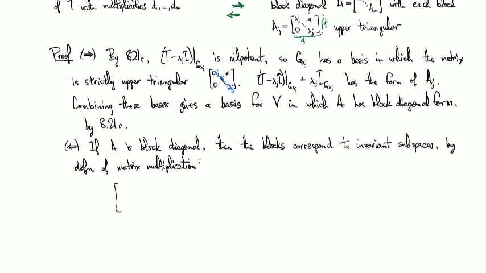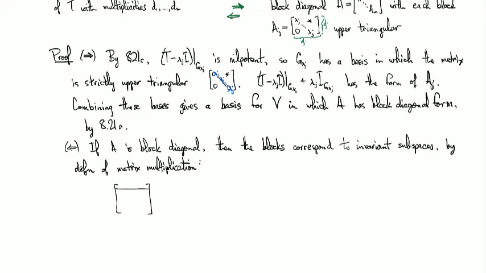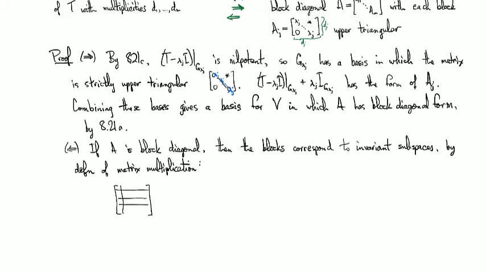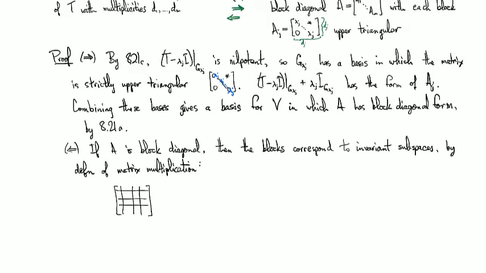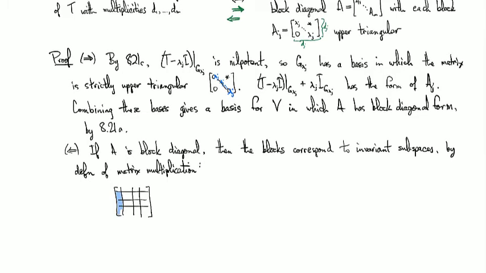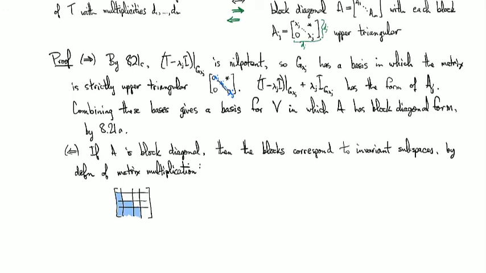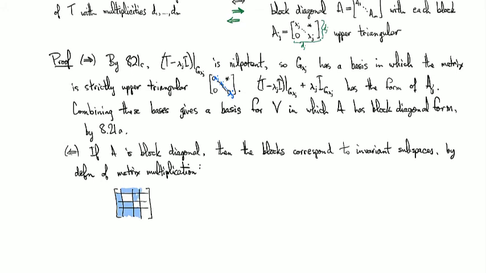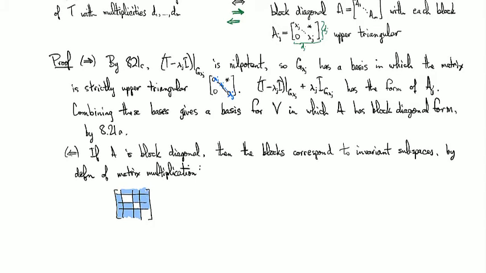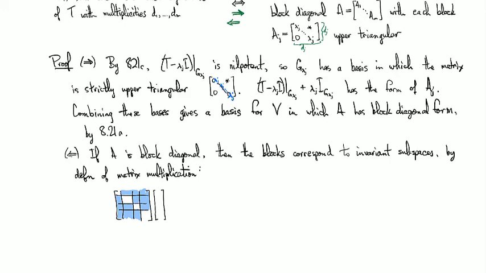If I've got some matrix here, something like this, and I'm going to color in the zeros again as blue. Right, and now let's look at how this multiplies a vector from our space here.